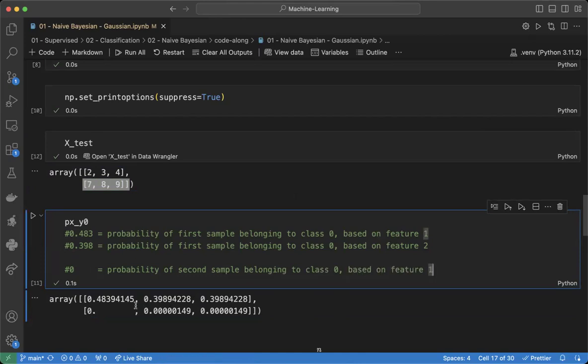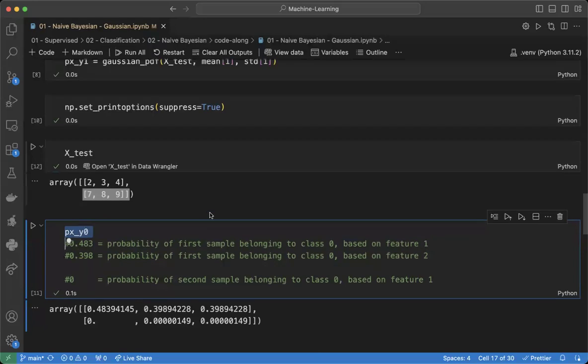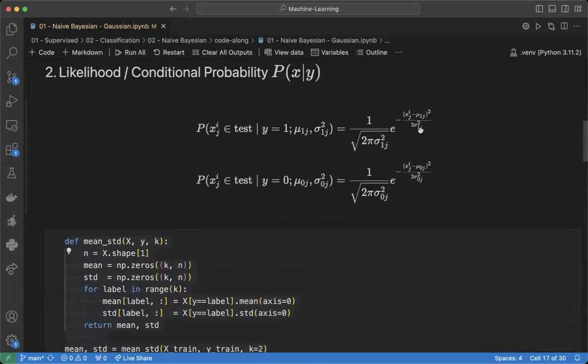So this is the idea of p of x given y0, and it's magically provided once you use this formula. So to review, what do you do? Well, you find the mean and the standard deviation based on the training set, and that's it.